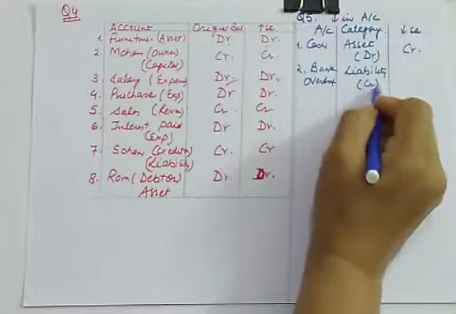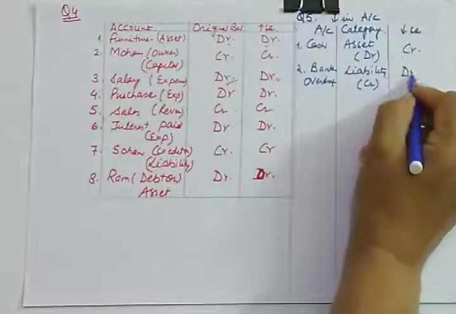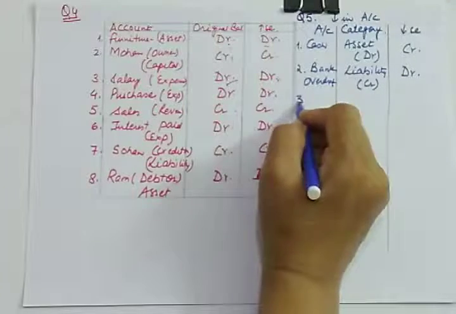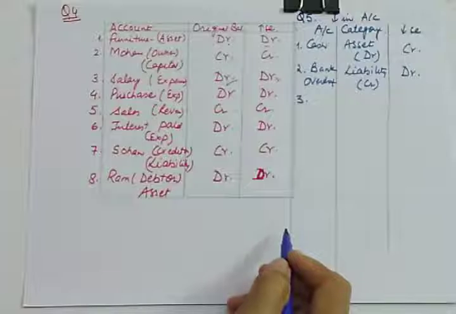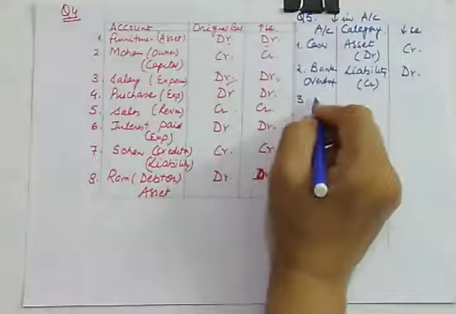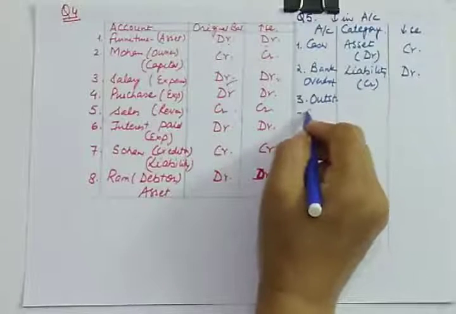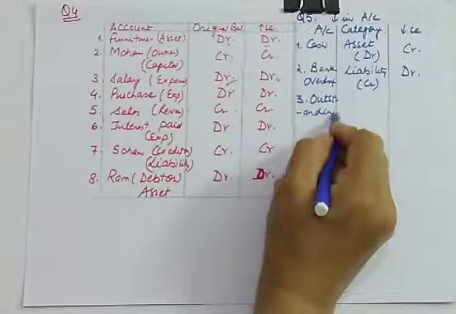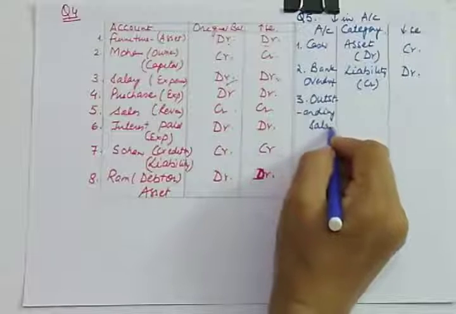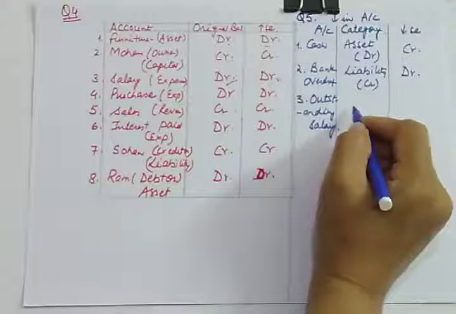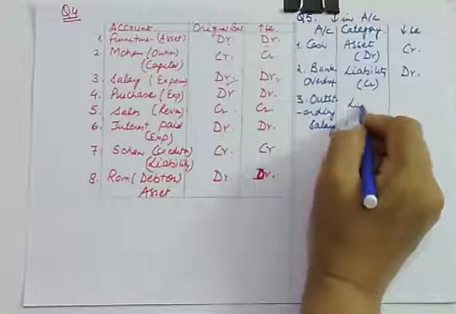Original balance is credit, and if you want to decrease, it will be debited. The third one is outstanding salary. This outstanding salary category is liability.